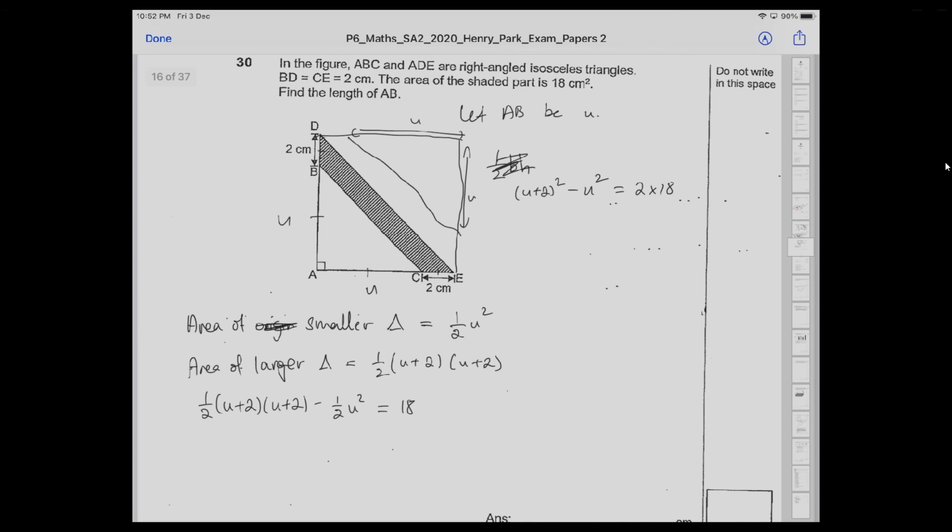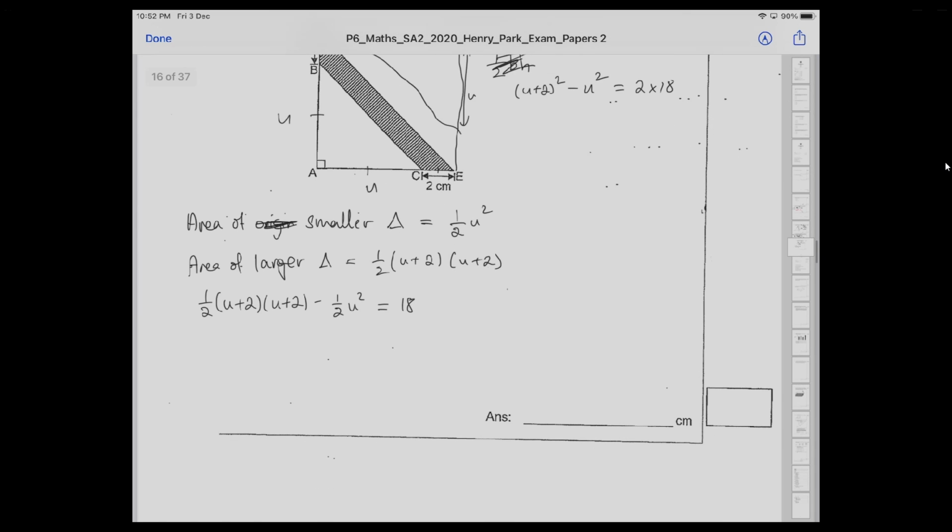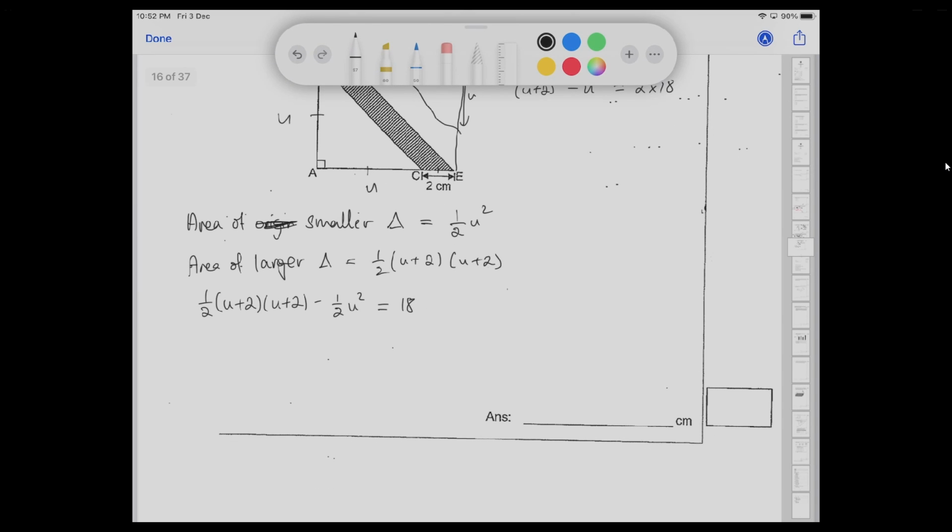Alright, I think I'll just go through the secondary school level technique. So half (U plus 2) squared, just use the formula. So it's just half U squared plus 4U plus 4 minus half U squared.